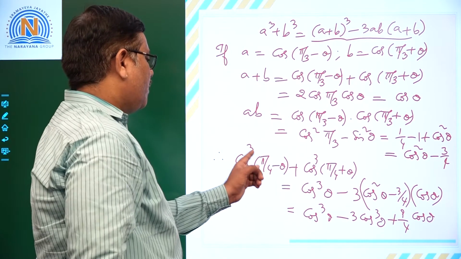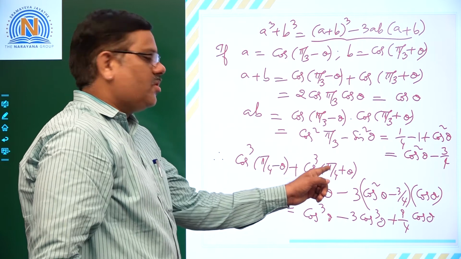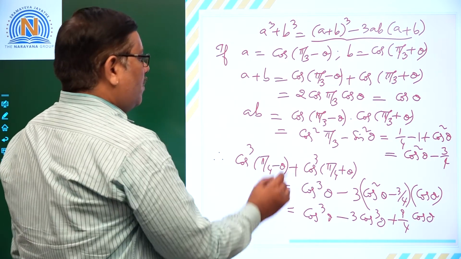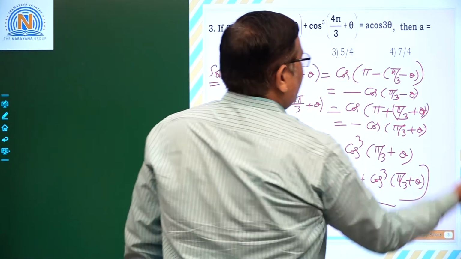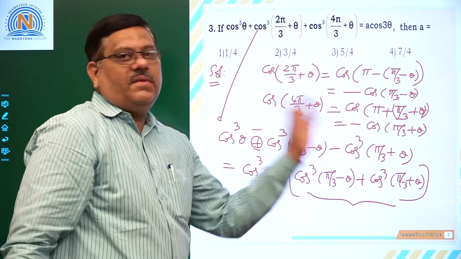This is the value of cos cube of pi by 4 minus theta plus cos cube of pi by 4 plus theta. So here in the question, what is there for us? Cos cube theta minus of this.